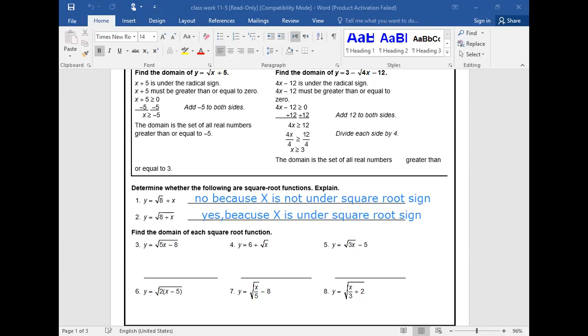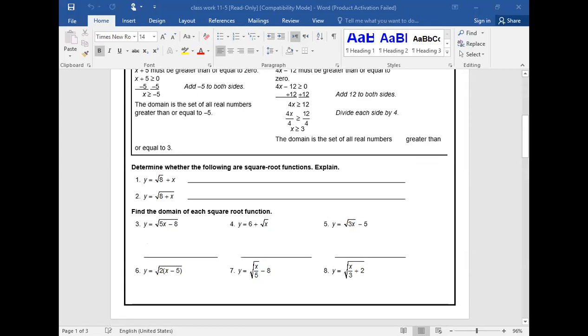Okay, now we will move to the next part, which is to find the domain of each square root. How will we calculate the domain?